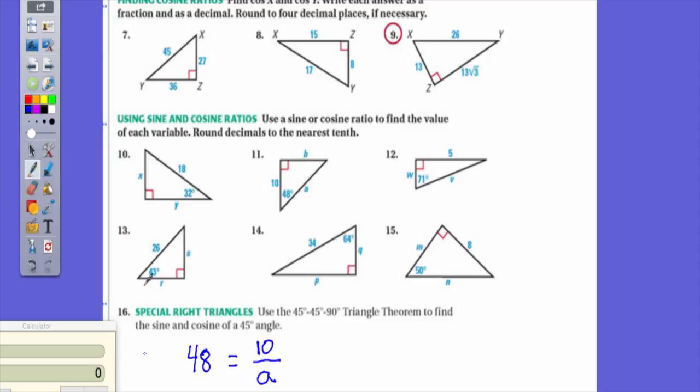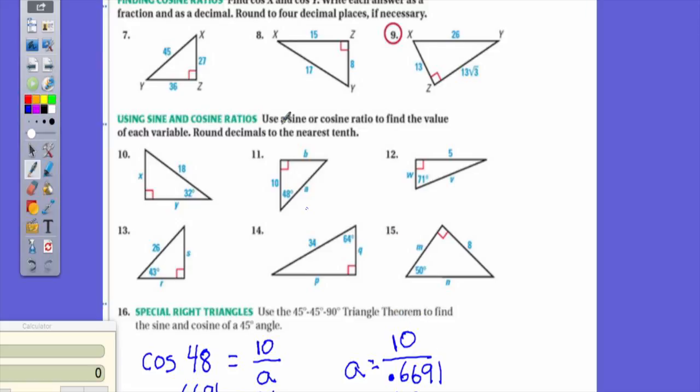So adjacent divided by hypotenuse is cosine. So in your calculator, you hit 48, then you hit the cosine button. What is it? 0.6691. Now, a lot of kids have messed this up today. A equals 10 divided by 0.6691. It's not 0.6691 divided by 10. So what is 10 divided by 0.6691? 1.5?